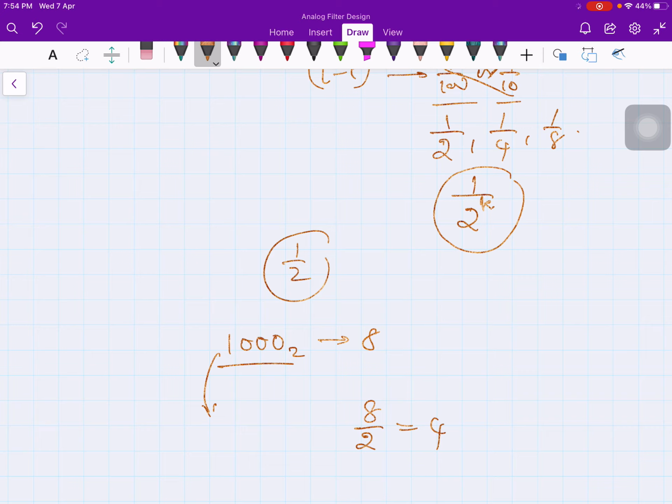Just shift the bits. So 1 0 0 becomes 0 1 0, which is 4. Therefore, dividing by 2, 4 or 8 is nothing but shifting the bits in the appropriate direction.